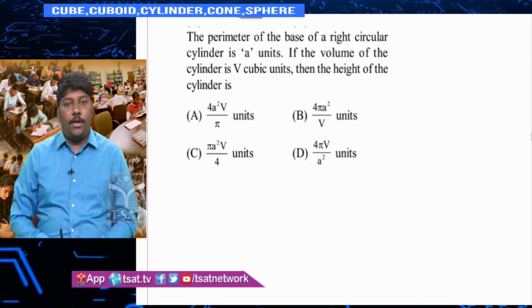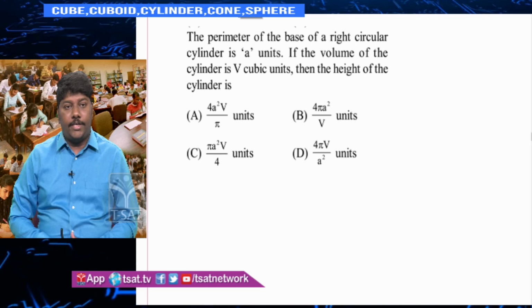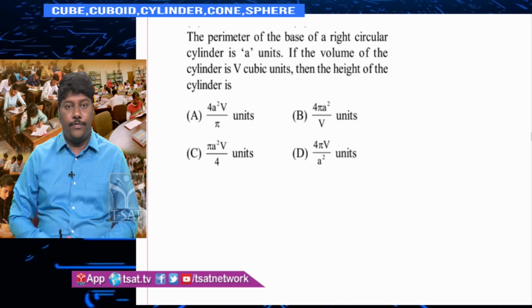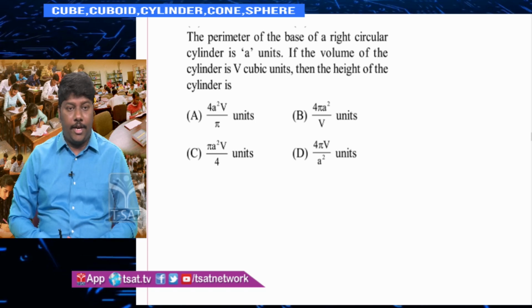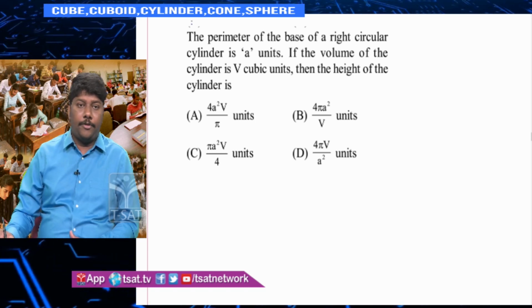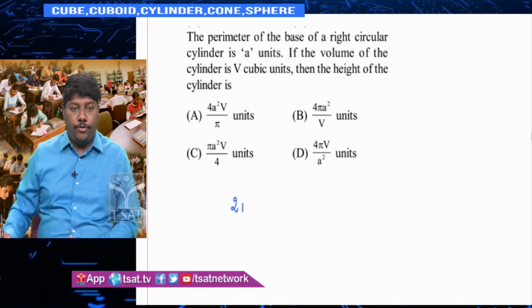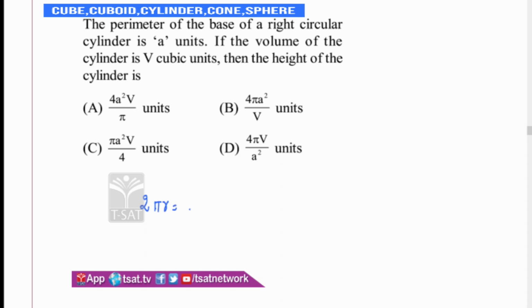Look at the next one. The perimeter of the base of the right circular cylinder is A units. If the volume of the cylinder is V cubic units, then the height of the cylinder is? They have given the perimeter of the base. What is the perimeter of the base? For a cylinder, it is 2 pi r. Therefore, 2 pi r is equal to A. Now, what is r? A by 2 pi.